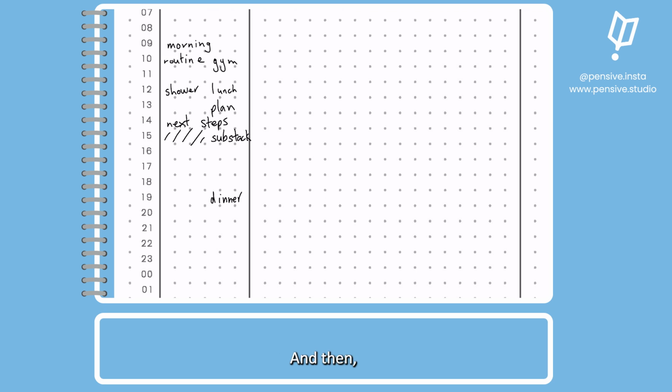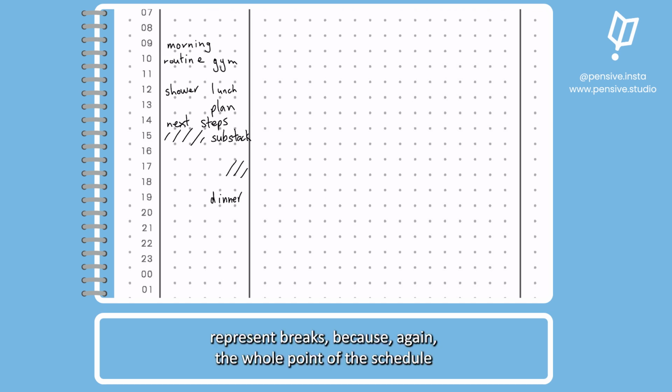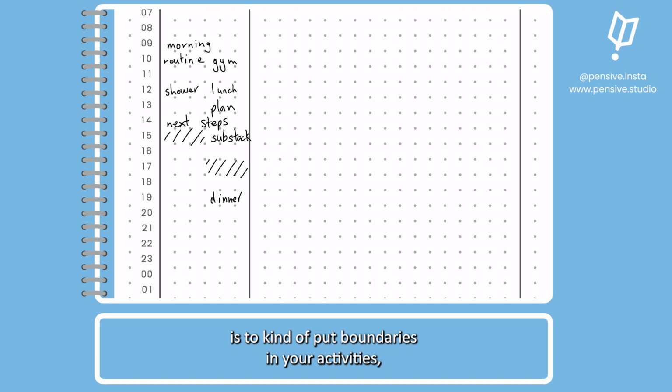And then I just put in every activity that I'm gonna include for the day. The diagonal lines represent breaks, because again, the whole point of the schedule is to put boundaries in your activities, not just to tell yourself to do them, but also when to stop.